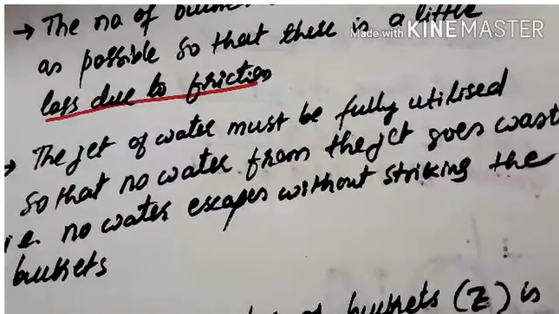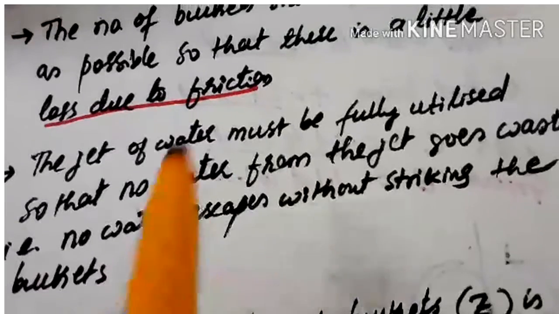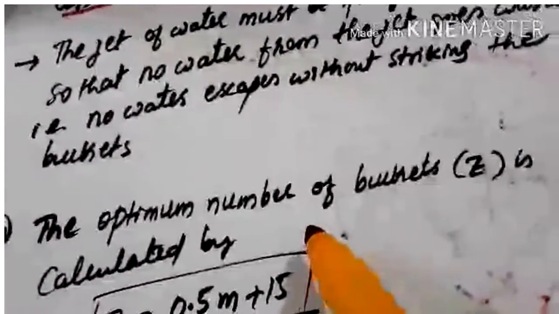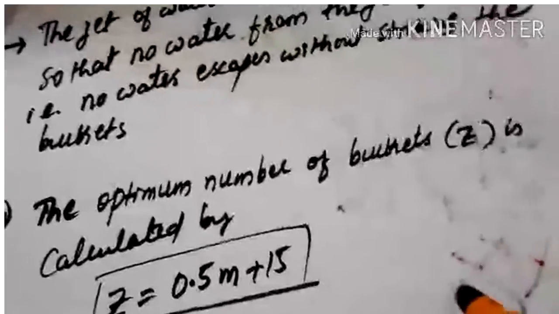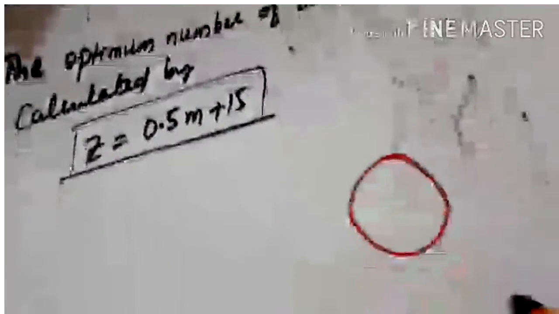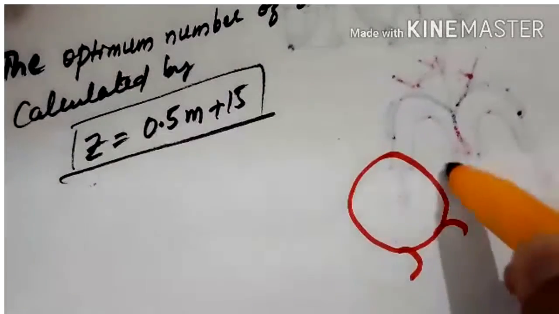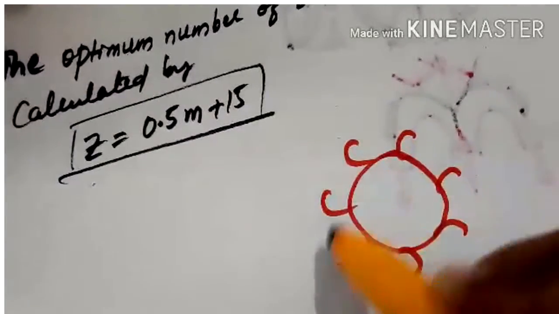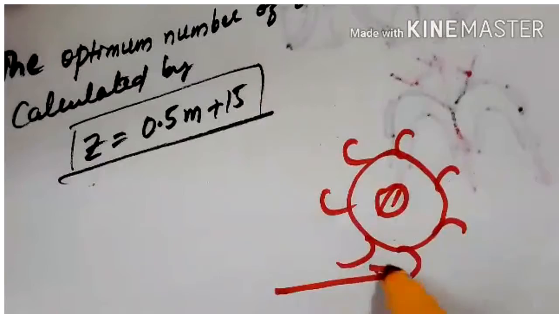Based on these two principles, the optimum number of buckets is given on the Pelton wheel. This is the Pelton wheel. How many buckets are to be provided? The jet comes and hits.